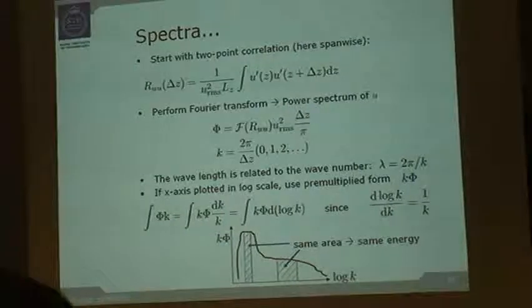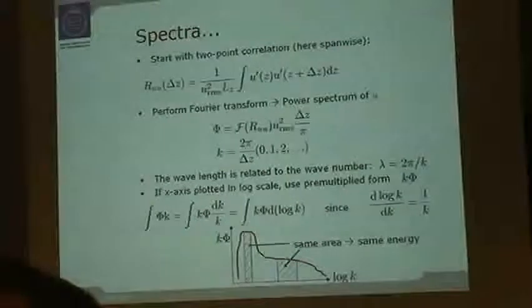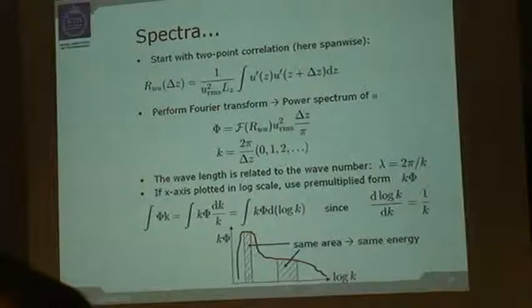So again, we can start with the spanwise two-point correlation, and the idea there is one measures the correlation, or the autocorrelation, of the signal slightly displaced. If one performs a Fourier transform of a two-point correlation or an autocorrelation, what one gets is a power spectrum, if one normalizes it.